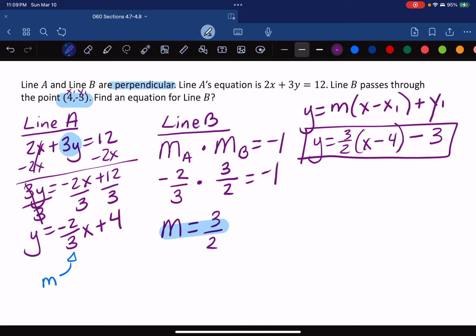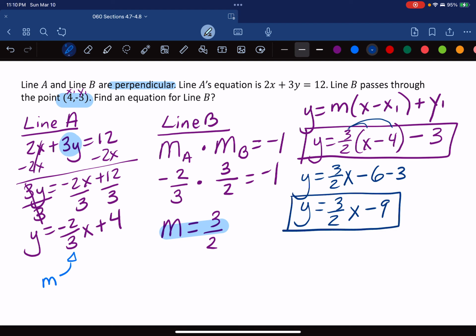So if it asks you to write your answer in y-intercept form, then you would go a step further and distribute that 3/2. 3/2 times 4 is 12, and 12 divided by 2 is 6. And this is another equivalent equation for line B.